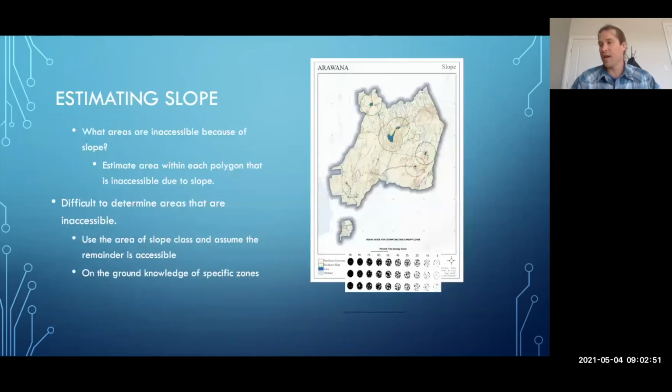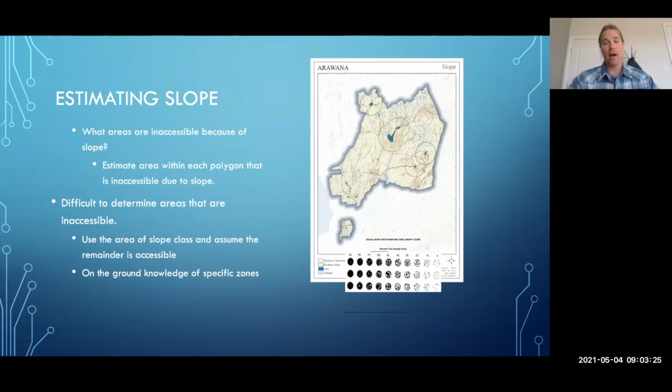So this is just an example of a map that has the slope on it. You can appreciate how, if the dark shaded areas are, I believe, 10 to 30% slope, and we can estimate this using the GIS within those polygons, that's obviously going to give us a better calculation than if we just estimate it based on a visual estimate.